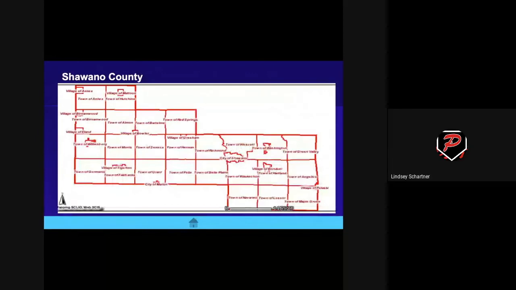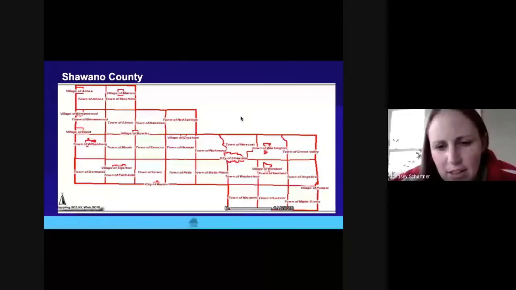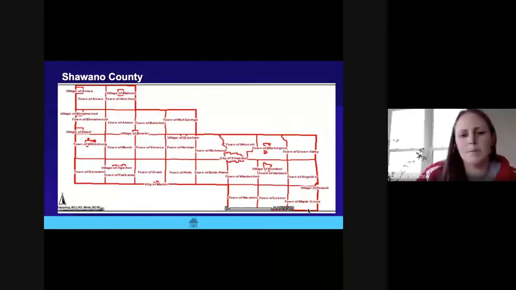Here's a map of Shawano. So when you take a look at this one, you're going to have the town of Green Valley, Angelica, parts of the village of Pulaski, and then Maple Grove from our school district.